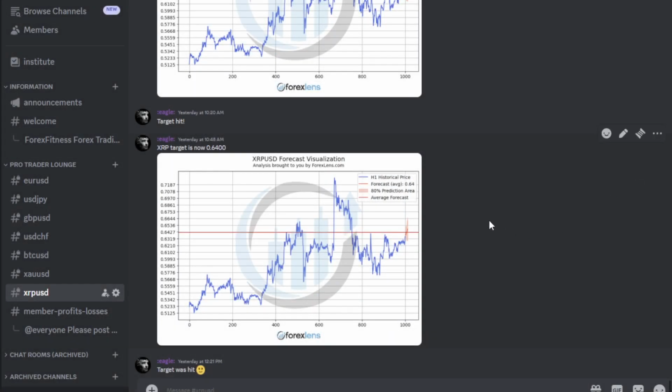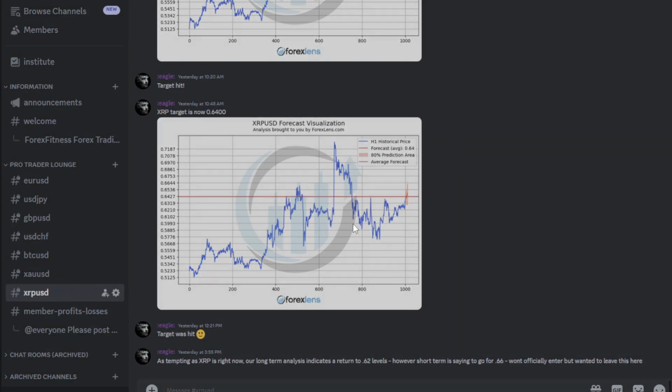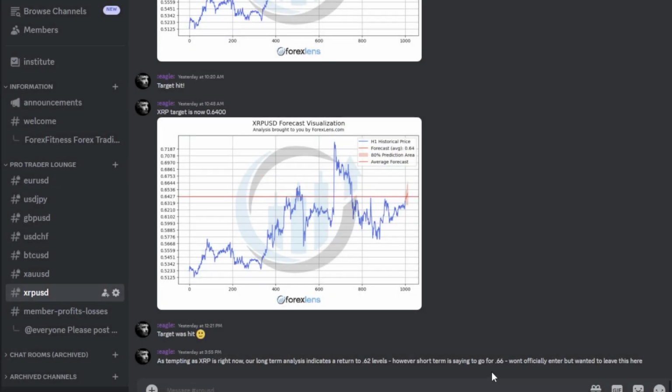for other analysis. We'll be getting into how to read this and how to actually set your trades up around this after. There was a note left that our long-term analysis indicates that XRP is heading back to the 0.62 levels, and even though there's an opportunity, and a very tempting opportunity it was, for a 0.66, we didn't go for it officially.